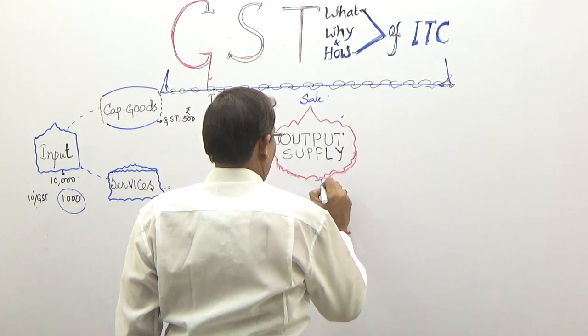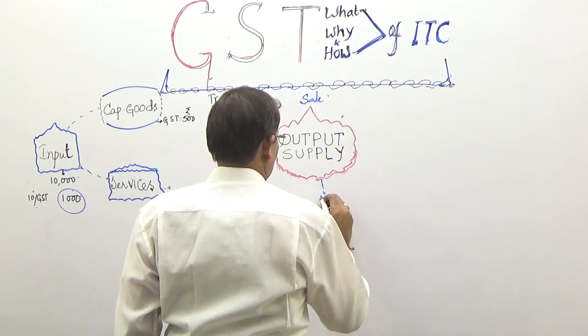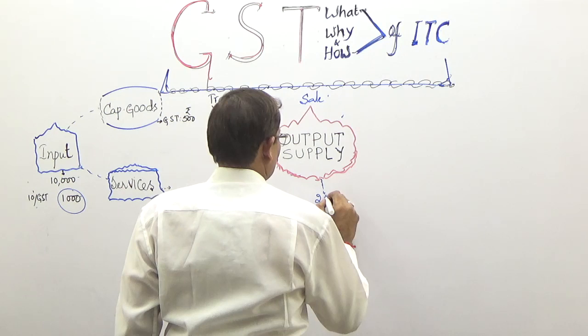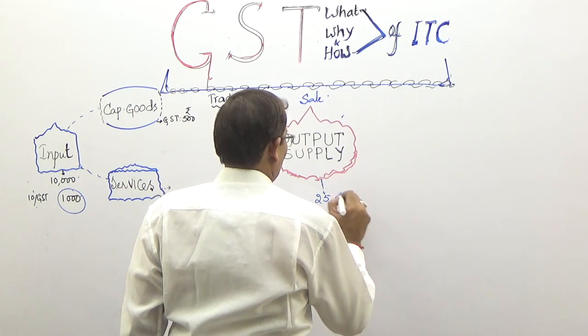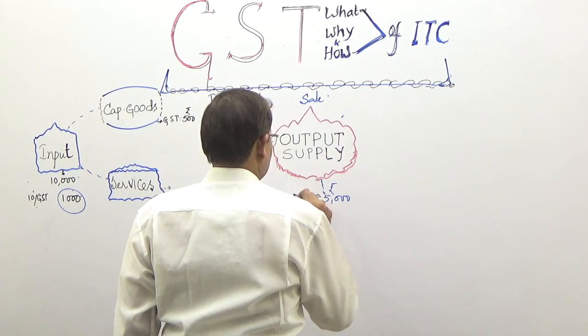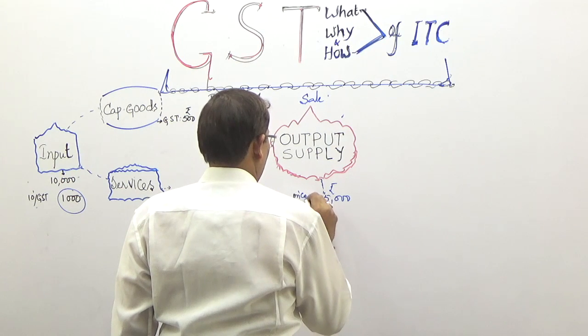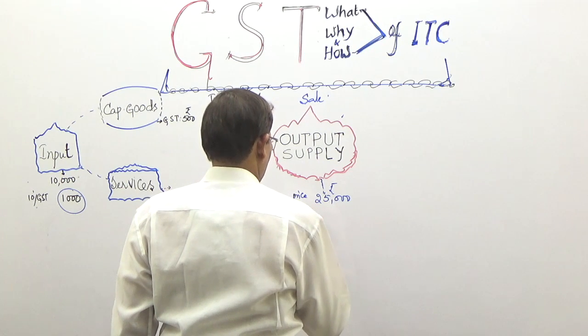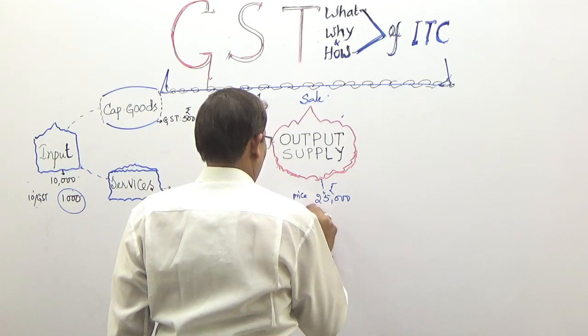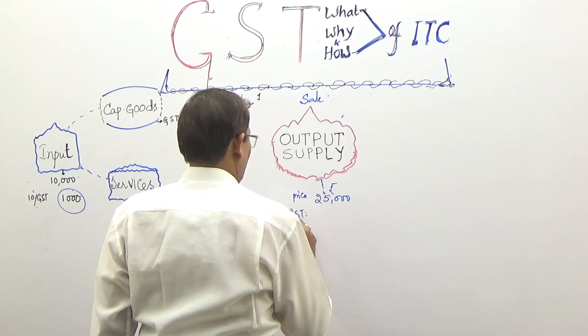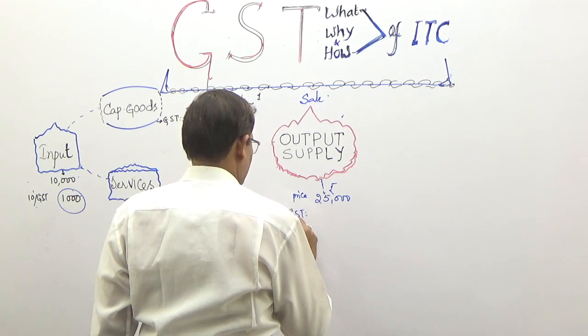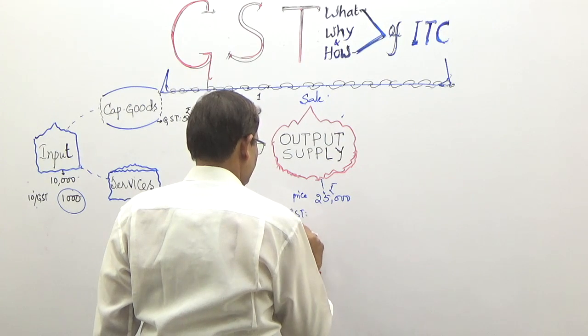So for his outward supply or output supply, let us say he is selling the goods for 25,000 rupees. It is the price before tax, and he is paying GST. Let us say GST of 10%, that is 2,500.